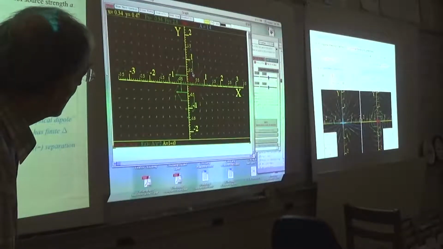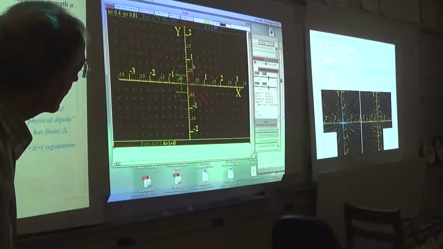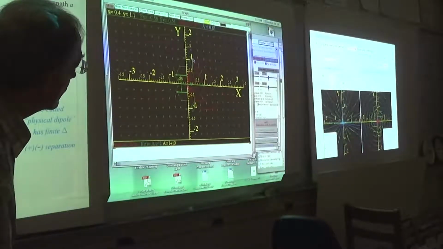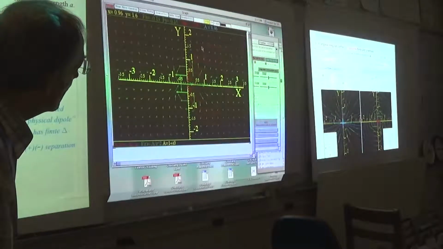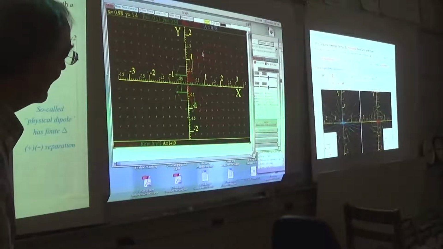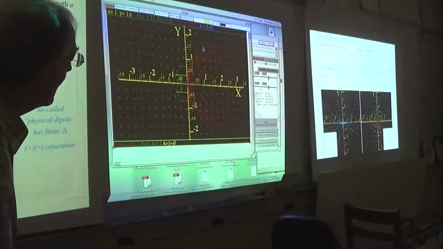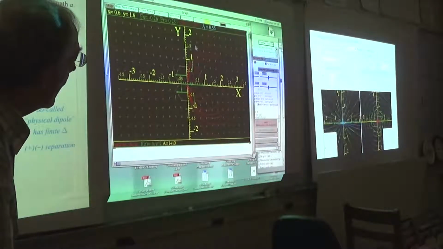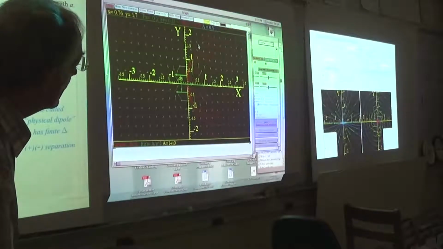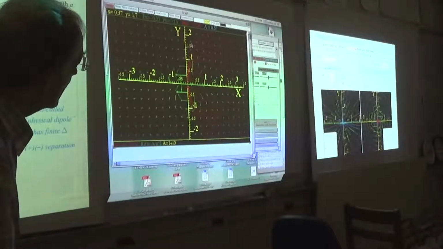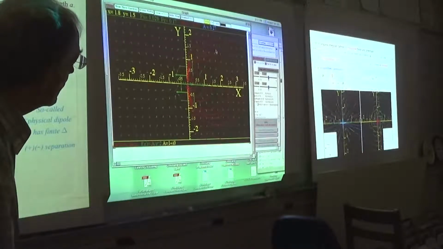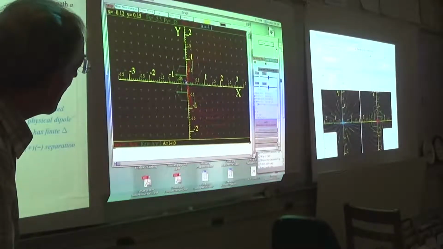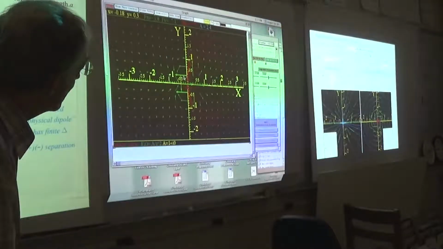And lo and behold, it doesn't hurt the circles at all to do this infinitesimalization, I guess you could call it, of the charge, or whatever the parameter is, A, that we set equal to 1 here. So once again, circles everywhere on both sides of this.